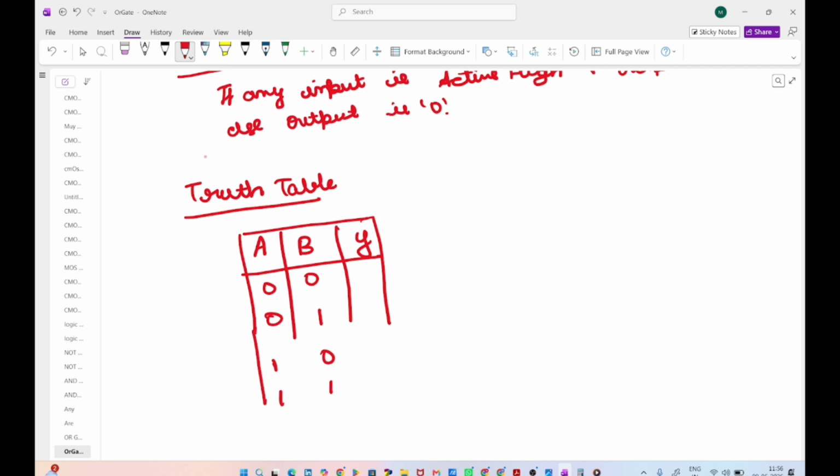Y is 0, 1, 1, 1. We know that when any one of the input is 1, the output is 1. So 0 plus 0 is 0, 0 plus 1 is 1, 1 plus 0 is 1, 1 plus 1 is also 1. I hope you understand the truth table.